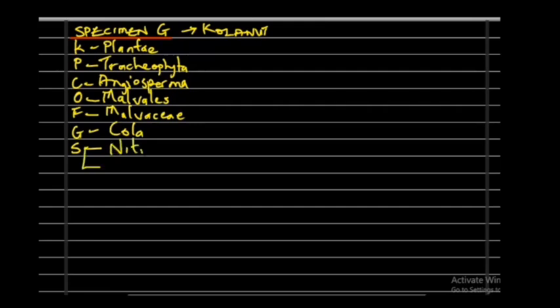Let me use Nitida, and then the second one is Acuminata. If you are to write the scientific name, this is how it will look: Kola nitida or Kola acuminata. So that is how the scientific name of this particular plant will be written.